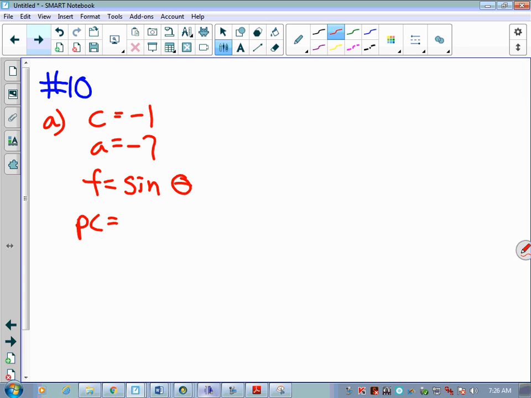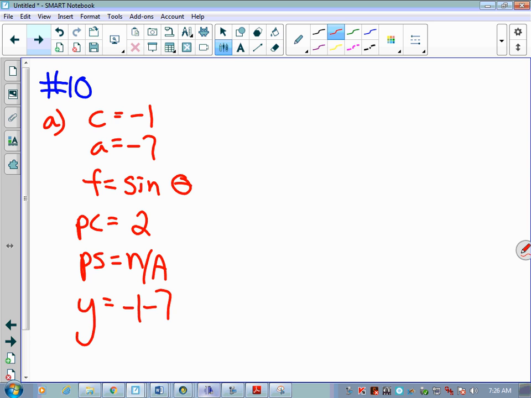So our period change is 2, and our phase shift is not applicable because there's nothing there. All right, so the equation we should write is y equals -1 minus 7 sine 2 theta.